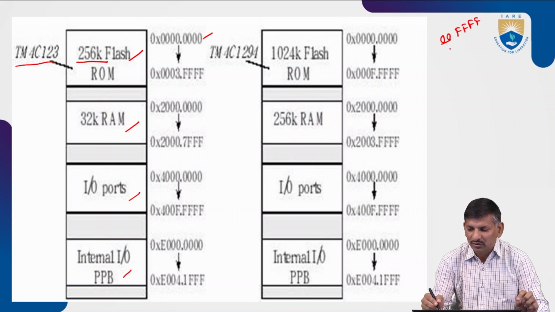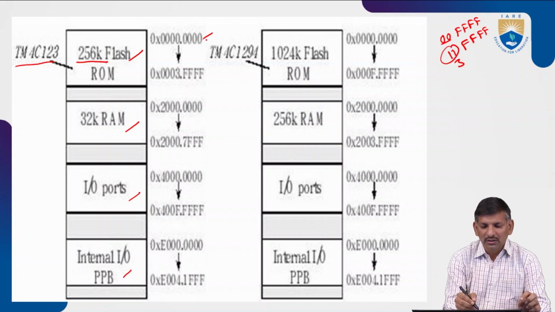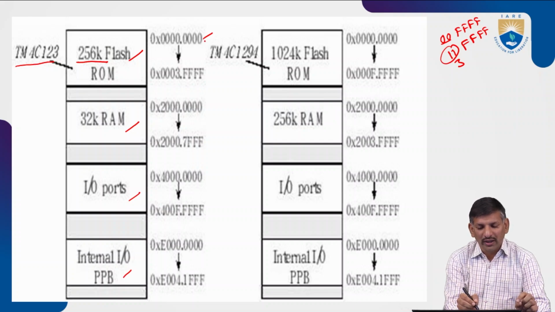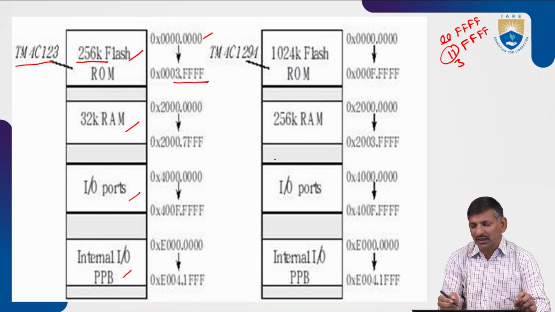This is binary, this is hexadecimal. So the address range assigned for this 256 kilobytes flash memory is from 8 zeros to 3FFFF. In this range only we can do the flash memory operations, either read or write.